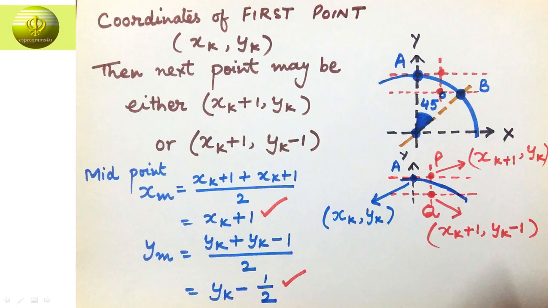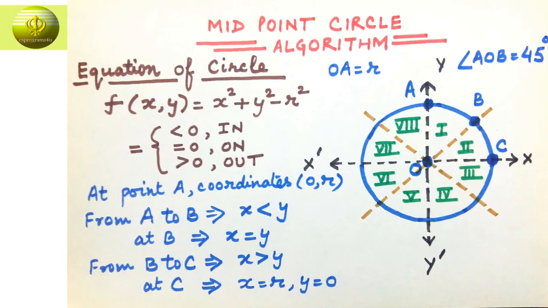Let us repeat again. First is the equation of the circle. If the value is less than 0, the point lies inside; equal to 0, on the circle; greater than 0, outside the circle. Similarly, if we are moving from A to B, the value of x is less than y. At point B, x is equal to y.